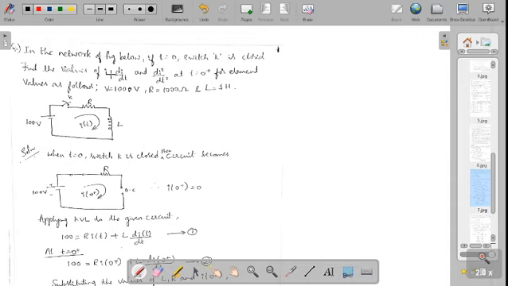Find the value of I, di by dt and d square i by dt square at t is equal to 0 plus, for the element values as follows: V is equal to 1000 volts, R is equal to 1000 ohms, and L equals 1 Henry. So here they have given you the circuit.